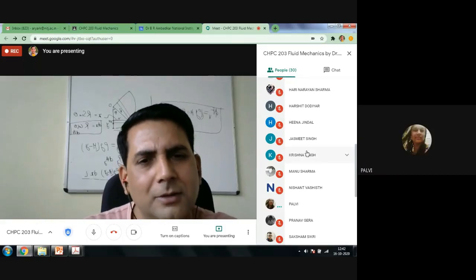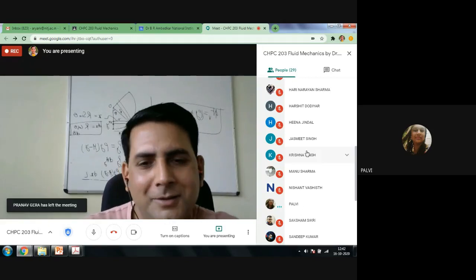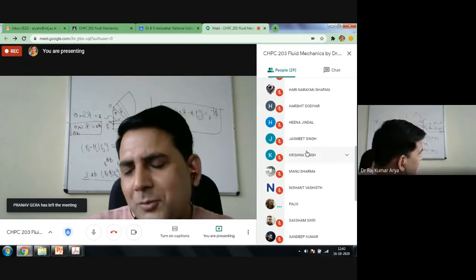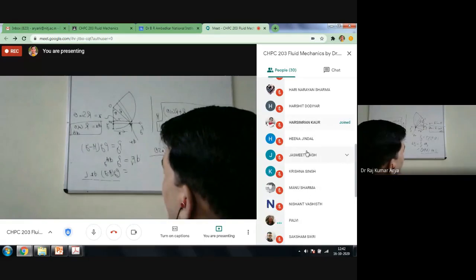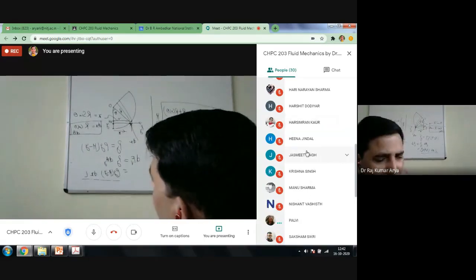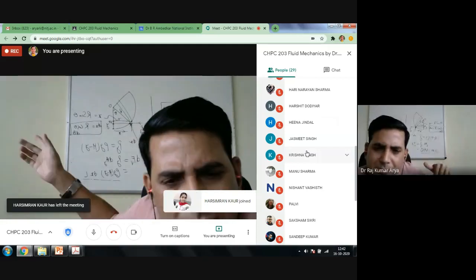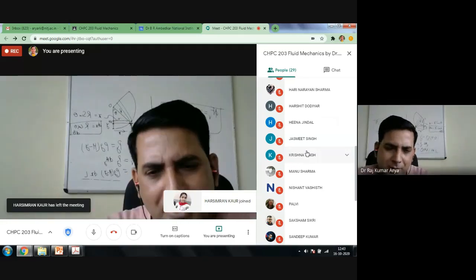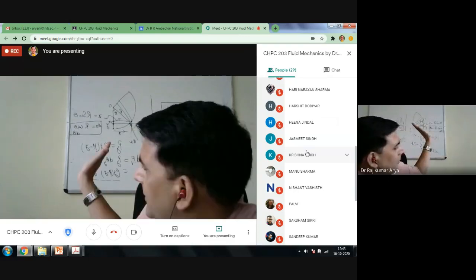How many ways are there to find these horizontal and vertical components? Some people, somehow, say they are very good in mathematics, so they can just calculate this volume, as I told you for volume. Horizontal is easy. You just find the projection.